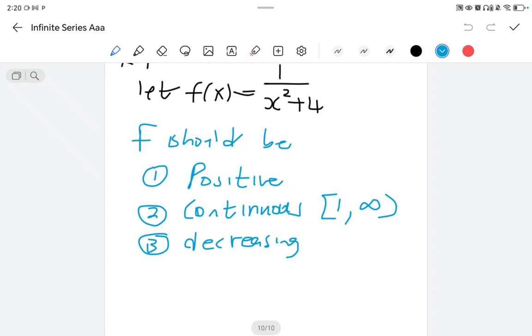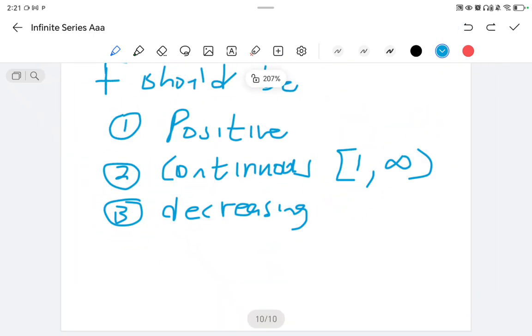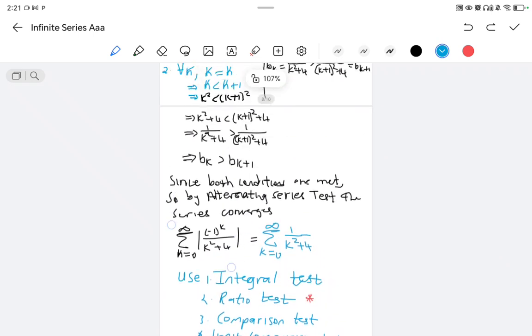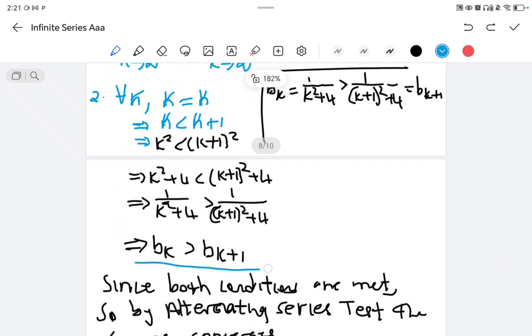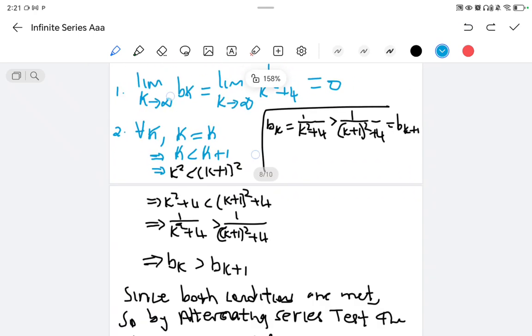Is it decreasing or increasing? It's decreasing, right? You can check whether it's decreasing or increasing using any method, including the ones I was showing you. You just consider this as a_n and check if it's decreasing or increasing. But we have checked that using the alternating series, and we confirmed that indeed the function is decreasing. You see, right?